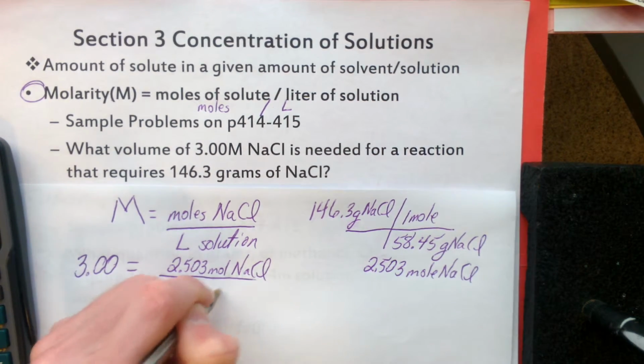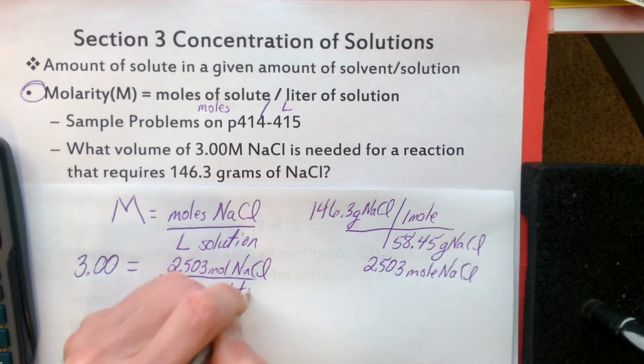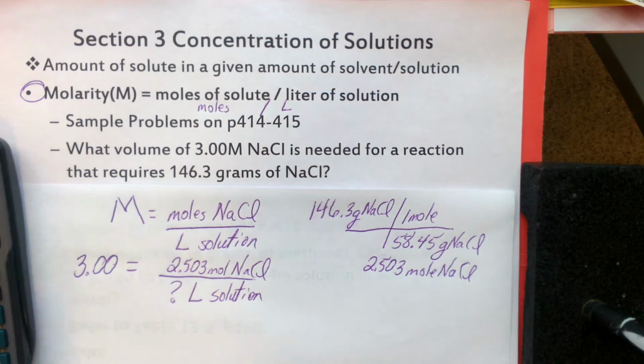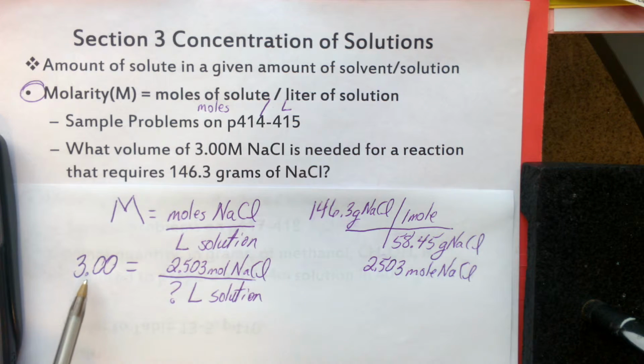And we can then solve for the liters of solution, because that's what we don't know. But we know that our solution is 3 molar. And that means 3 moles for every liter of solution. Not bad so far. So let's solve this.